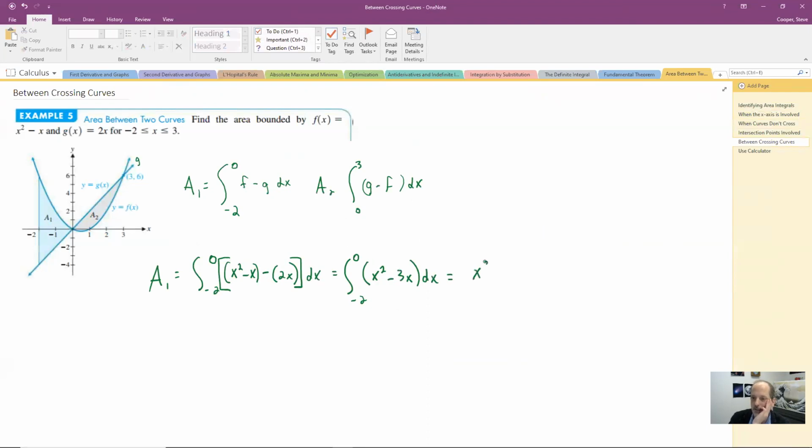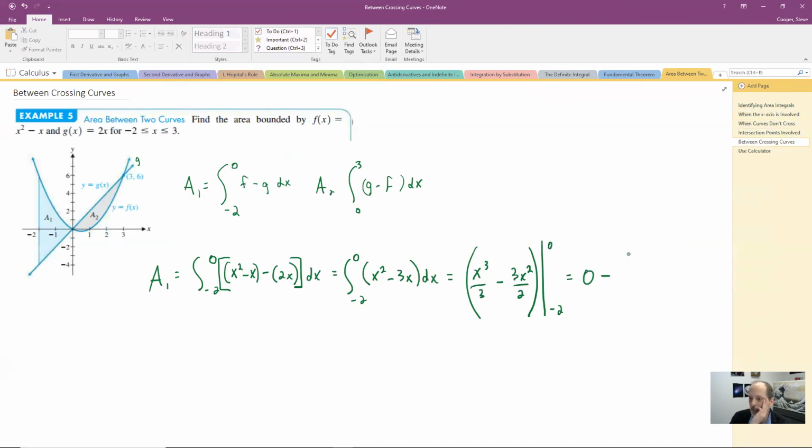Okay, so that's x cubed over 3 minus 3x squared over 2, running from -2 to 0. Well, the 0 is going to make both terms 0, so that does nothing.